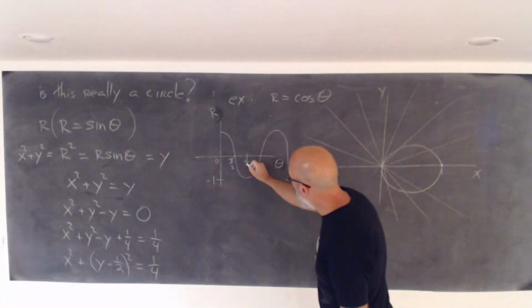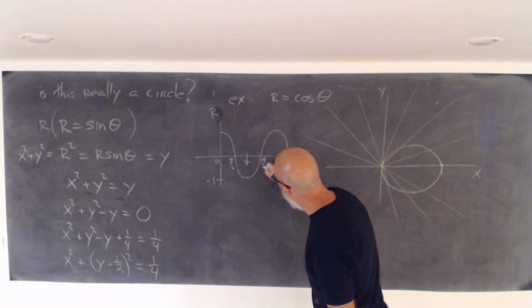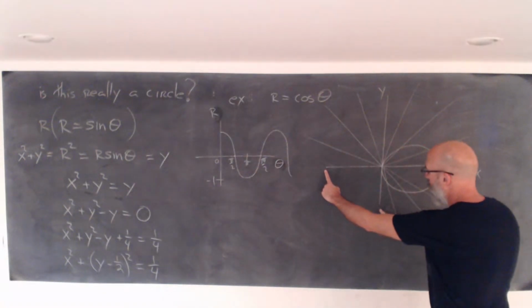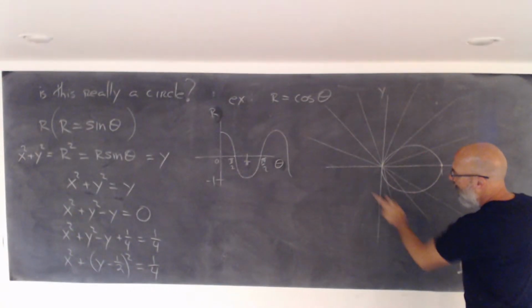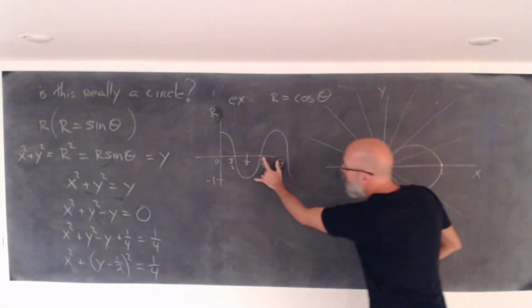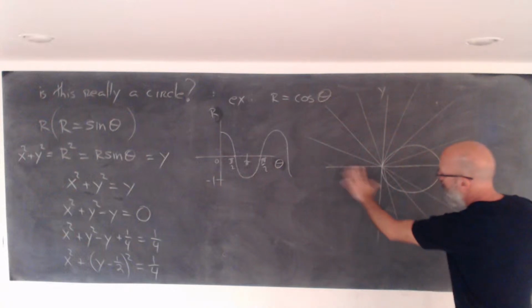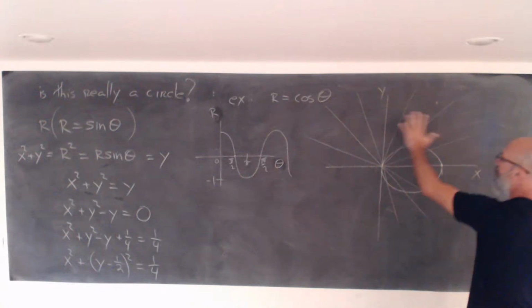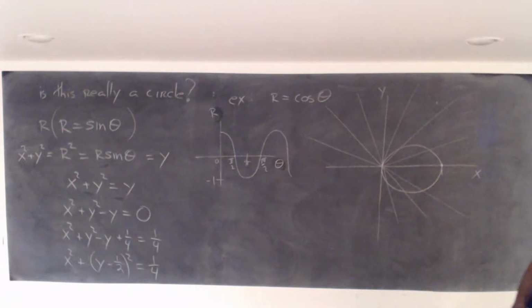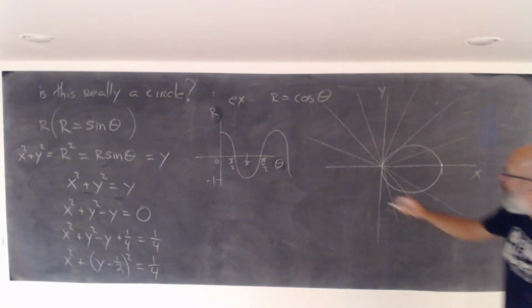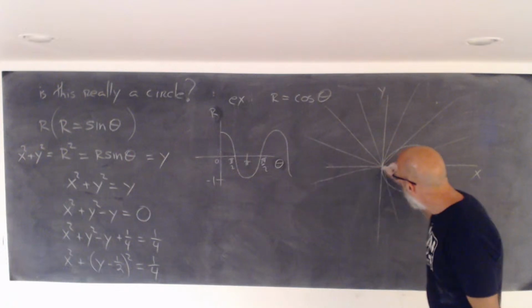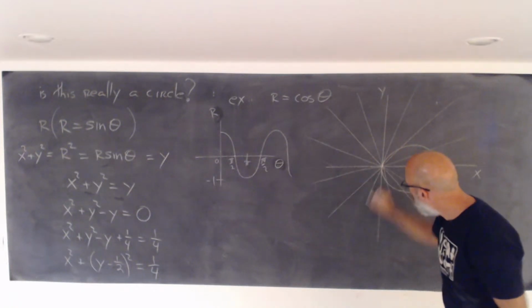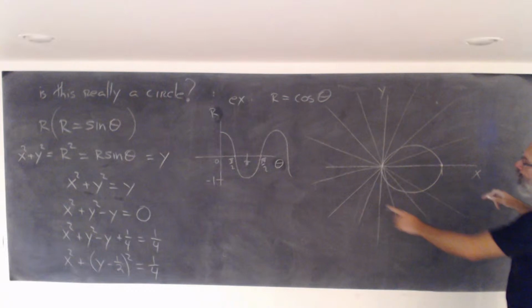And then what happens? From pi to 3 pi over 2, right? So in this third quadrant here, for angles in here, cosine is still negative. So you're not going to graph them here, but rather in the opposite direction, again completely overlapping with your circle on this side, right?